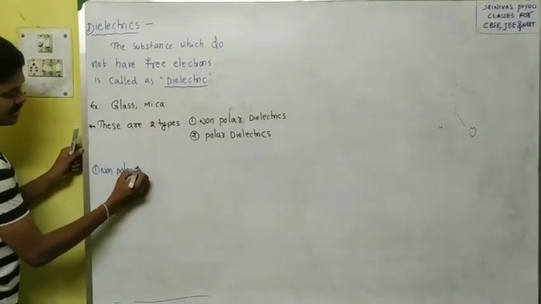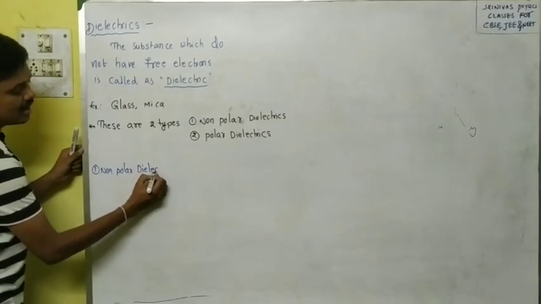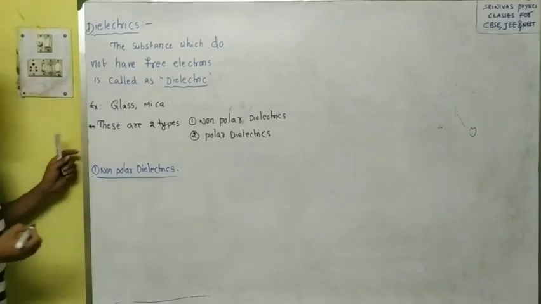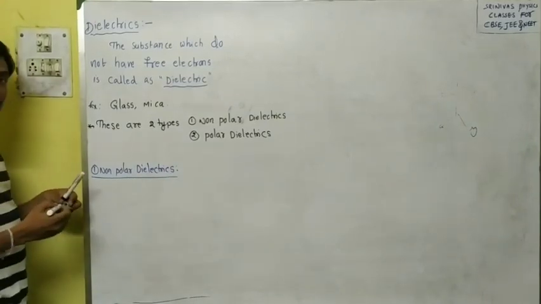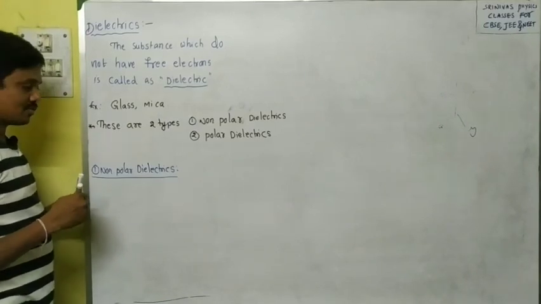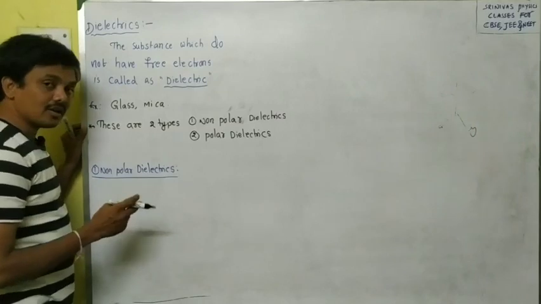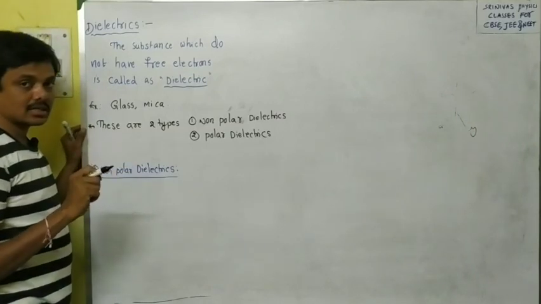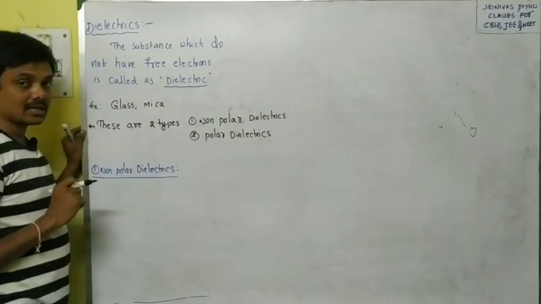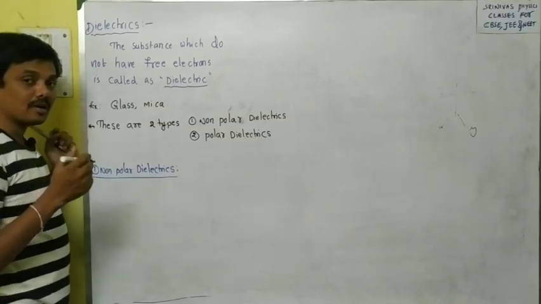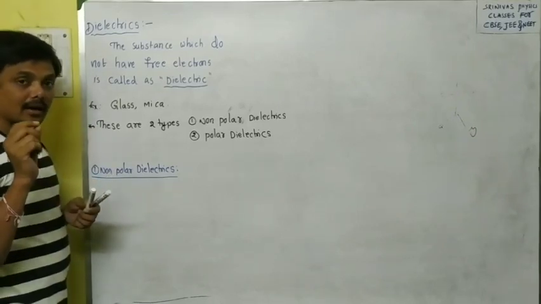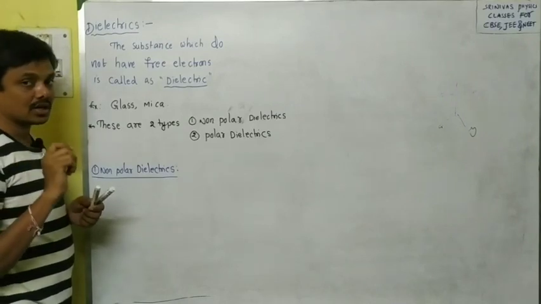What is a non-polar dielectric? A non-polar dielectric is a substance that consists of molecules. In that, every molecule has positively charged protons and negatively charged electrons, because every molecule is made up of atoms and every atom is made up of protons, electrons, neutrons.